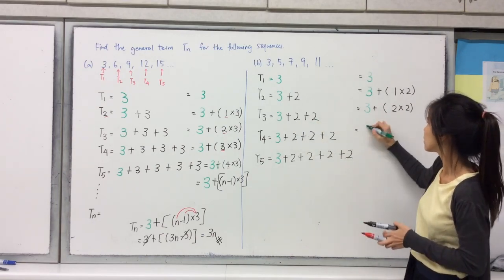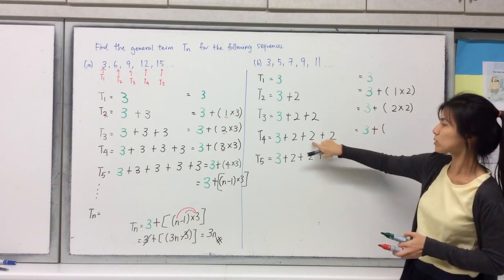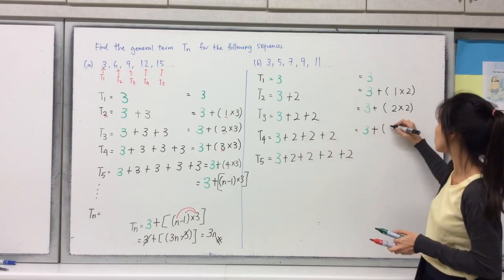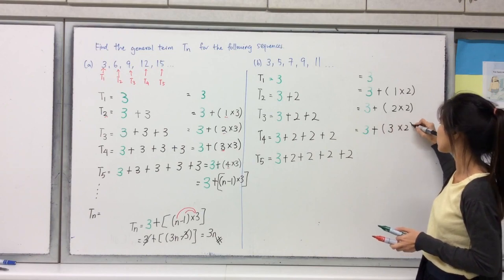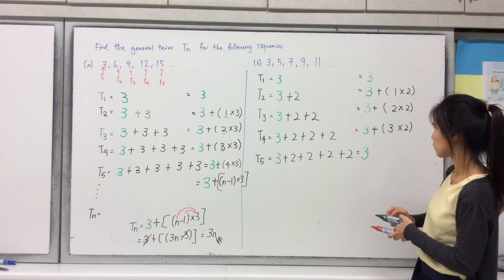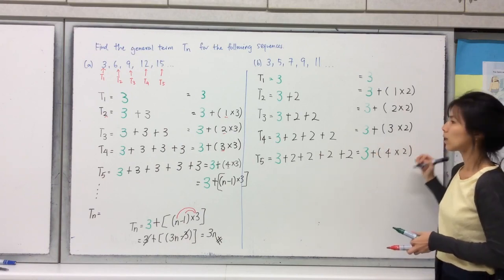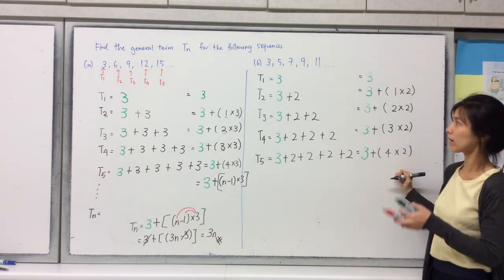Next, we have 3 plus, how many 2's are there? There are 3 2's here, so it's 3 times 2. And then the fifth term is 4 times 2.